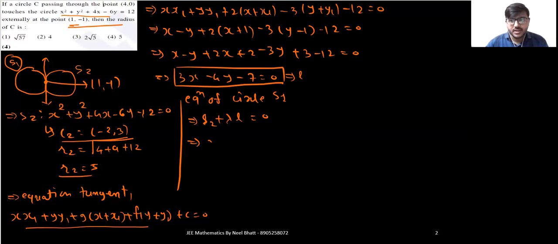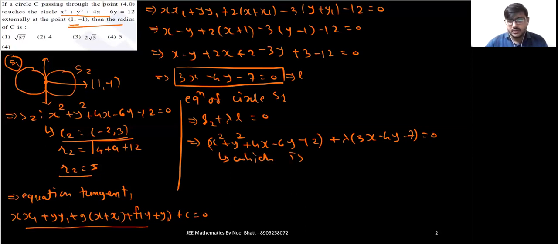So S2 is given as x square plus y square plus 4x minus 6y minus 12 plus lambda into the line, and the line is given to us as 3x minus 4y minus 7 equals to 0. And this circle is passing through the point (4, 0), which is already given.